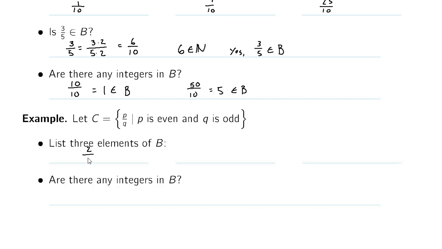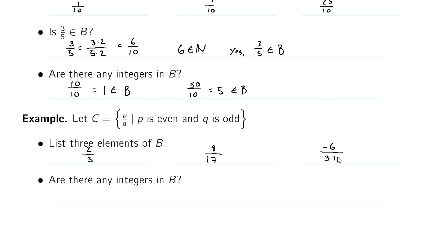So we could say 2/3, 8/17, -6/31sts, right? There's no rule that we have to only have positive numerators and denominators here, right? So 2/3, 8/17, -6/31, anything with an even numerator and an odd denominator.